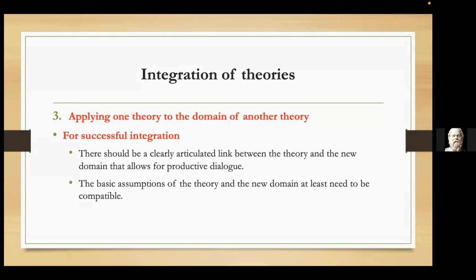So in this study by Weber and Mayer 2011, they combined the transaction cost theory with regulatory focus theory. Had you come across that? Regulatory focus theory from the social cognitive psychology domain.